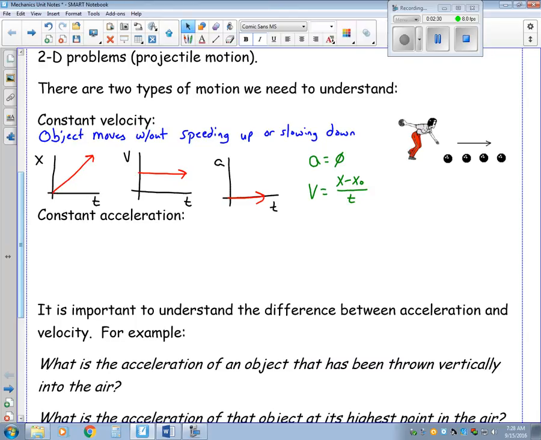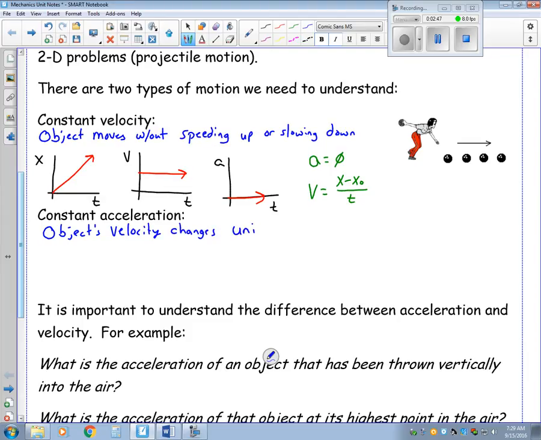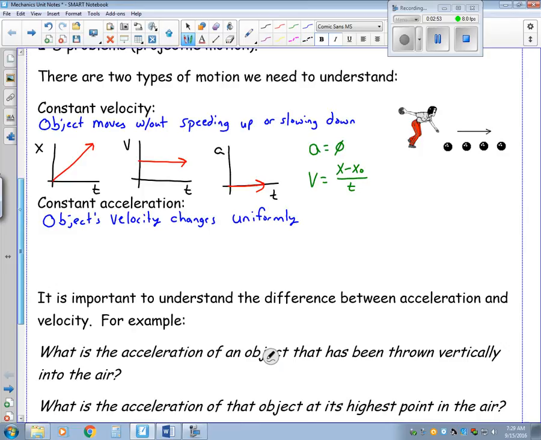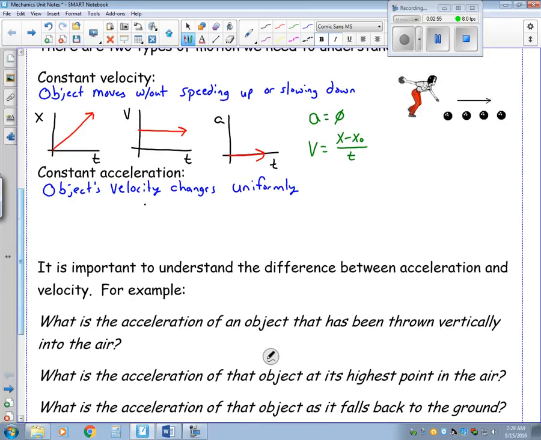Now, for constant acceleration, this is where the object's velocity changes uniformly. So in this one, let's start with the velocity graph.